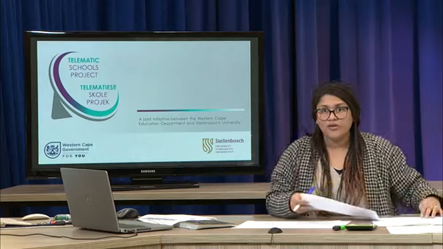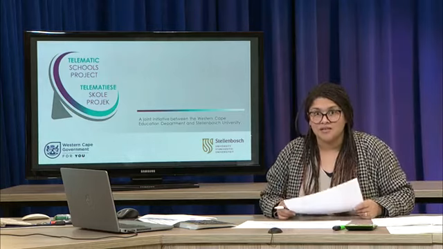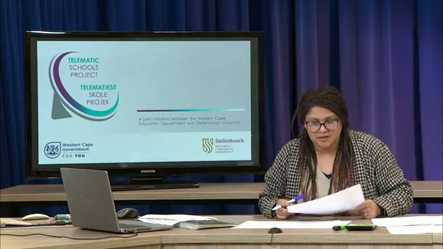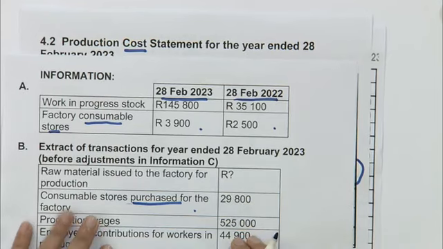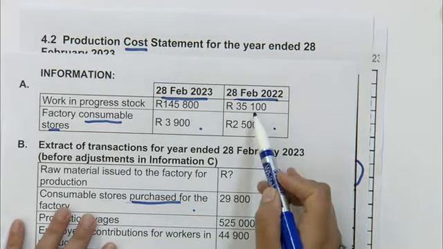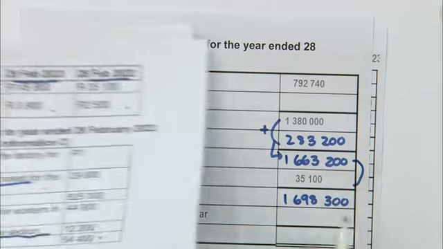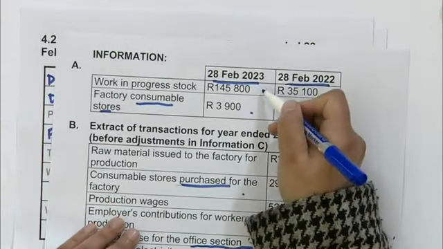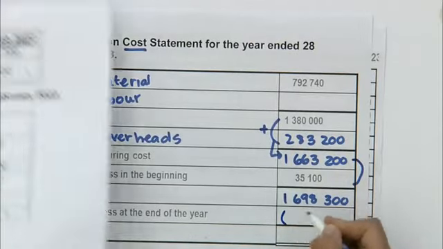We are going to look for any balances that will assist us, and especially for work in progress. So if you look at our list of balances, we see information A, there's work in progress 35,100, which was placed in the format for us, and then there's 145,800. Right, that is your end of year work in progress.